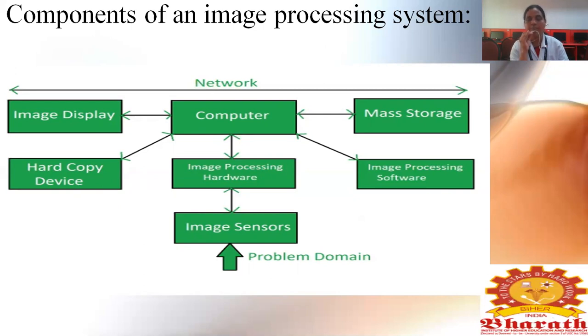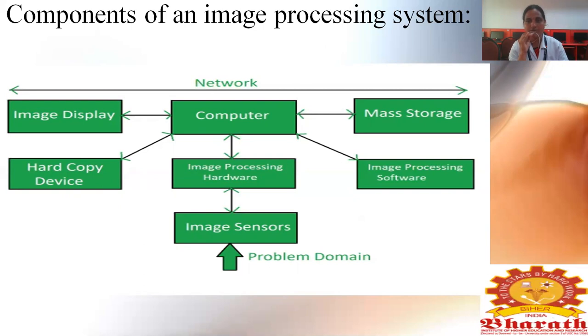A biometric system is a specialized image processing hardware, which is a good example. And we have some image processing software. Here programmers code the image processing software, and that software can be used for processing images for a specific application. And we have hard copy devices.